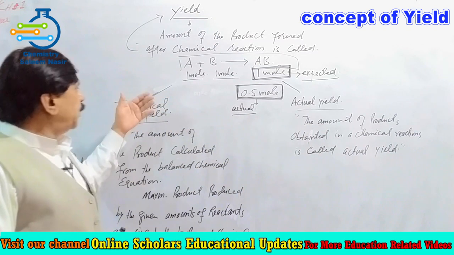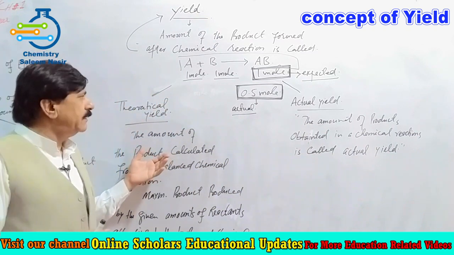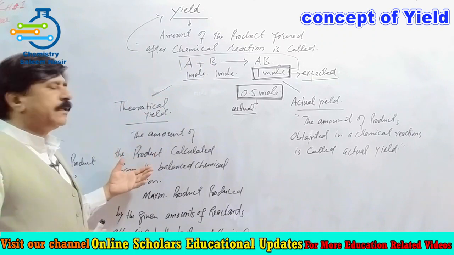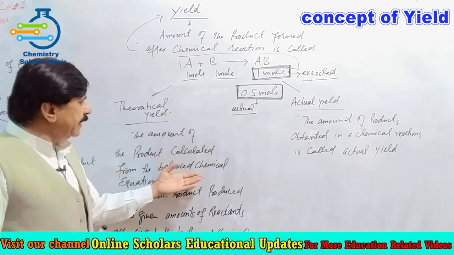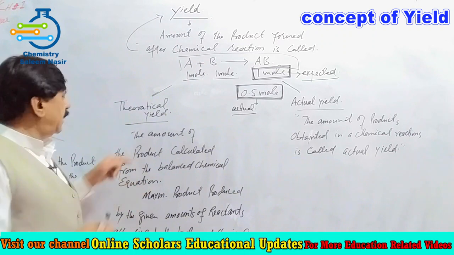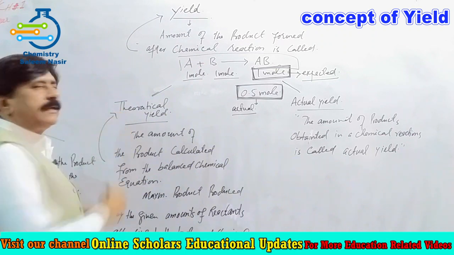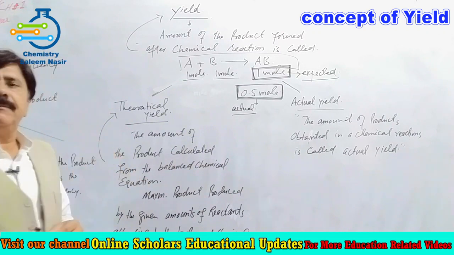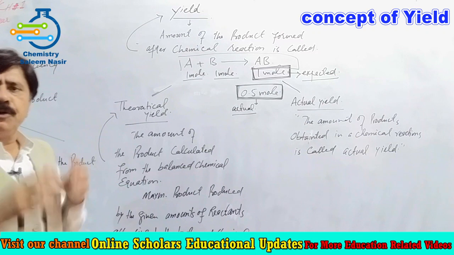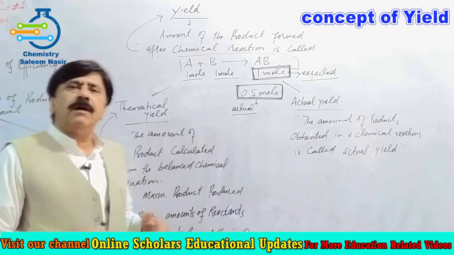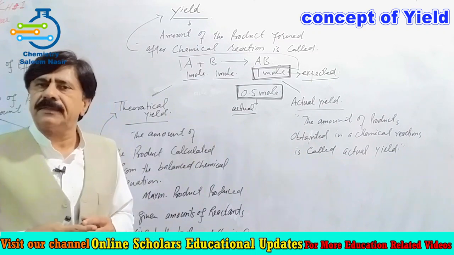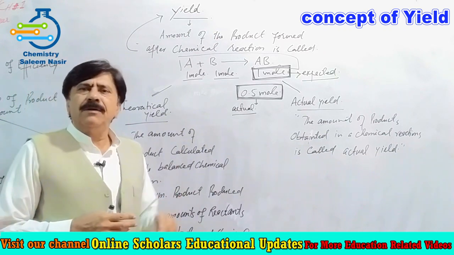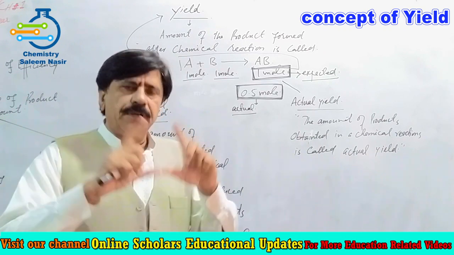As far as the theoretical yield is concerned, as per the example, the amount of the product calculated from the balanced chemical equation is called the theoretical yield, and that theoretical yield is the maximum product produced from the given amounts of the reactants in a chemical reaction. Students, that amount is obtained after calculation.